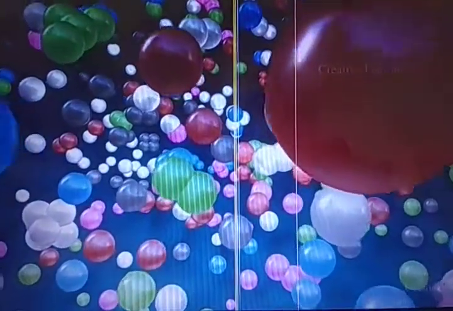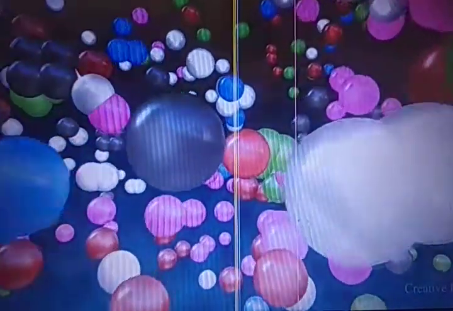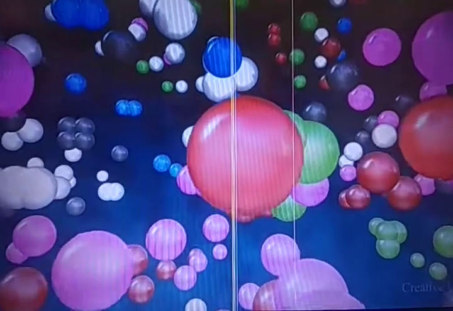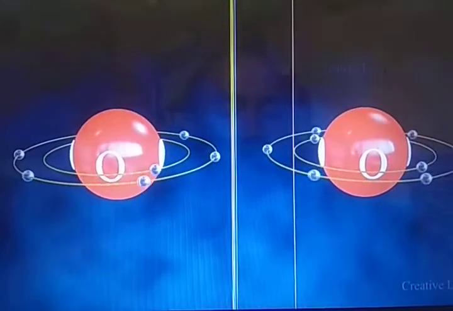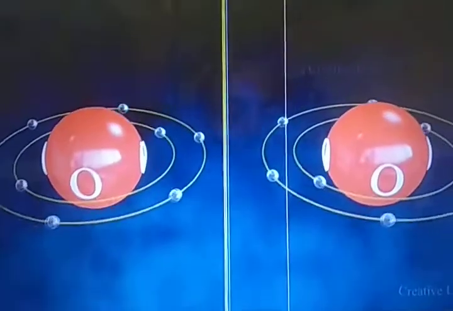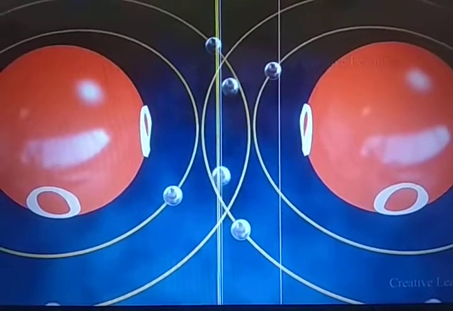The substances which we see around are made up of one or two types of bond. It is due to the result of this chemical bond that we see most of the substances around here. Today we will study about the two types of chemical bonds.